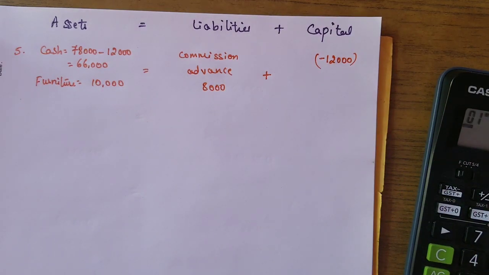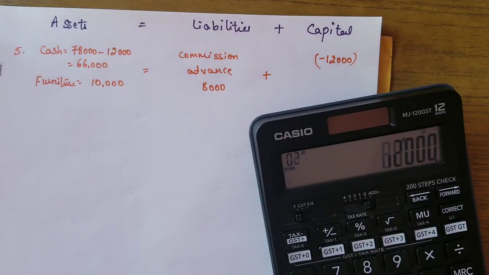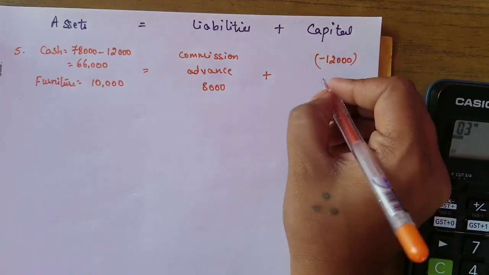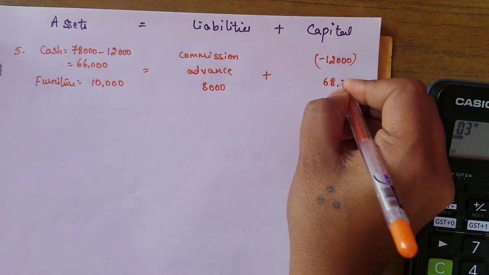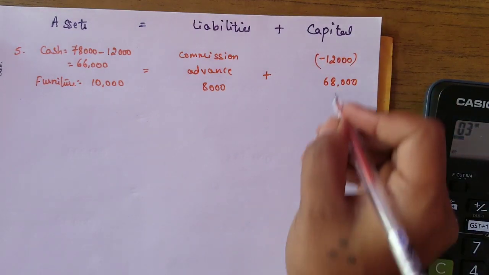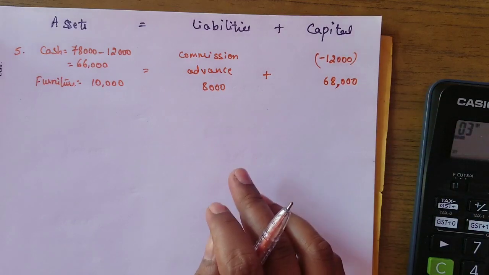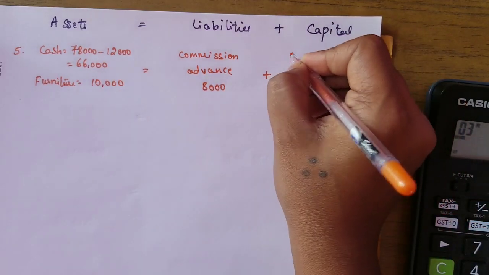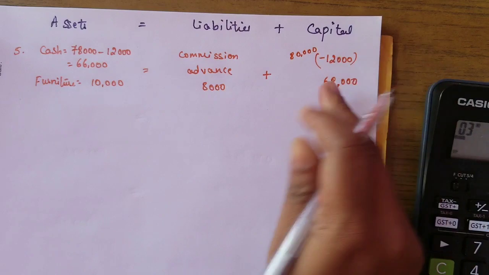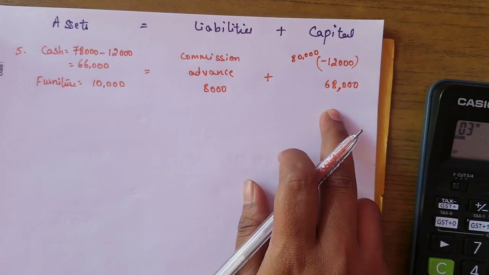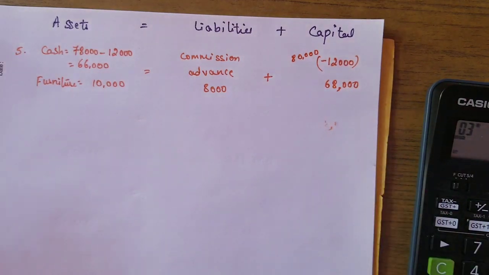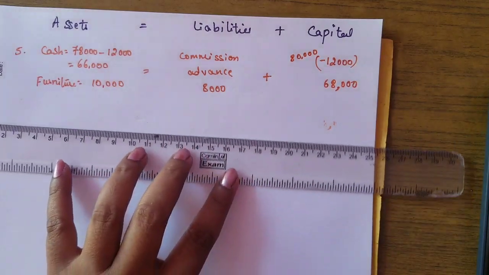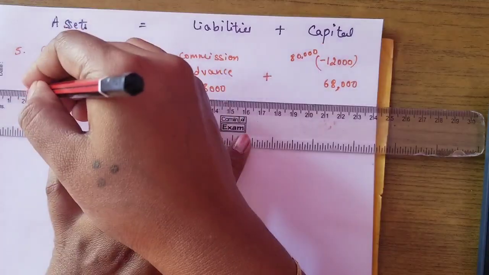So 80,000 is the capital balance minus 12,000, the remaining capital will be 68,000. You can write down here 80,000 minus 12,000 will be 68,000. So this completes the particular transaction.